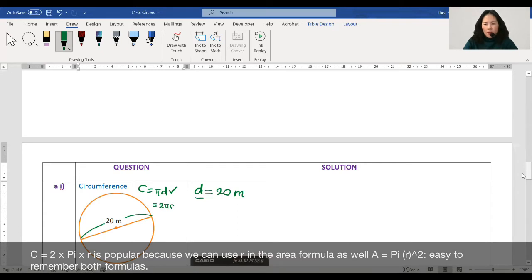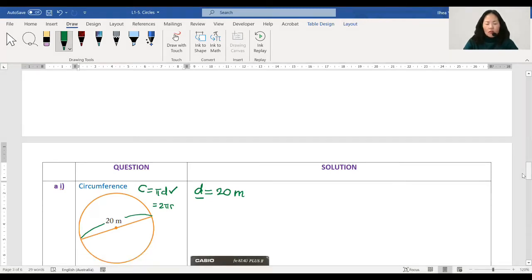Normally, the popular one is 2 pi r, and then you just go with that formula all the time. You don't have to memorize two of them. I'm going to use both at the moment and pick which one I like for each question. But for you, you can choose one and memorize that. I'll show you, if I use the 2 pi r, it'll be exactly the same answer.